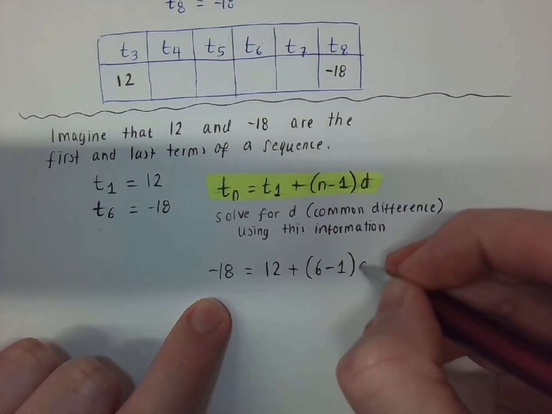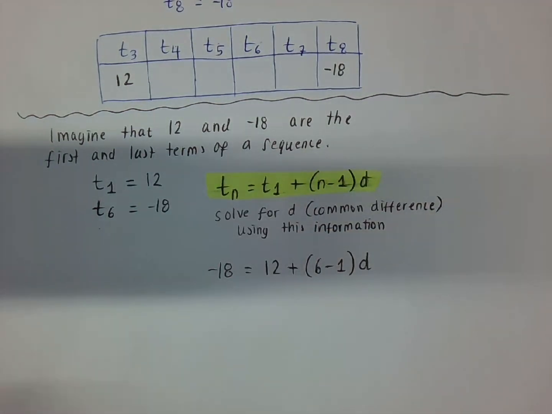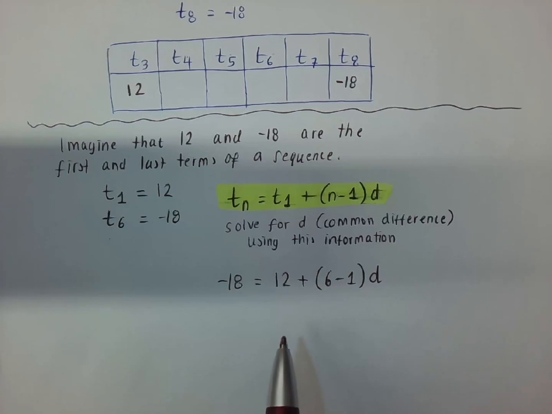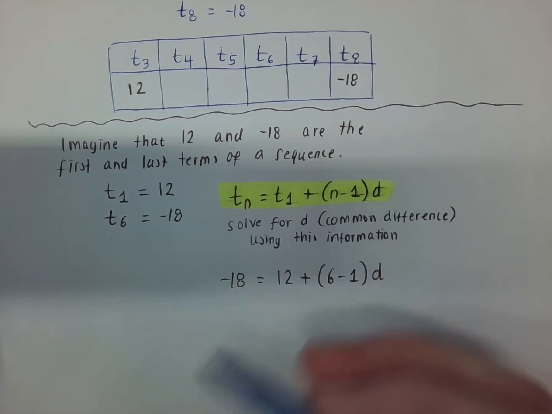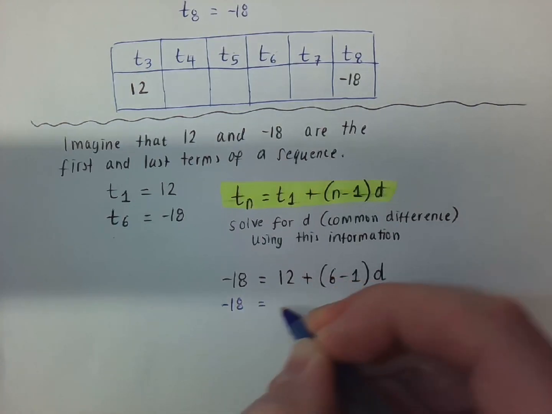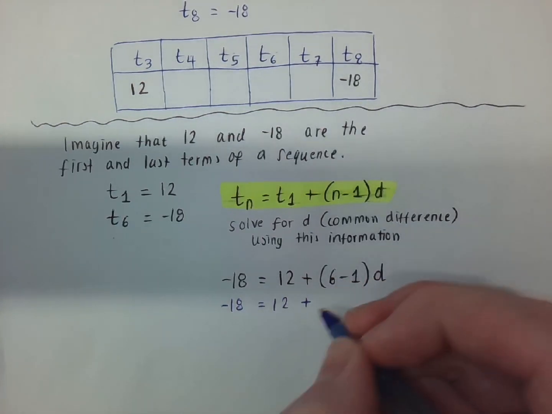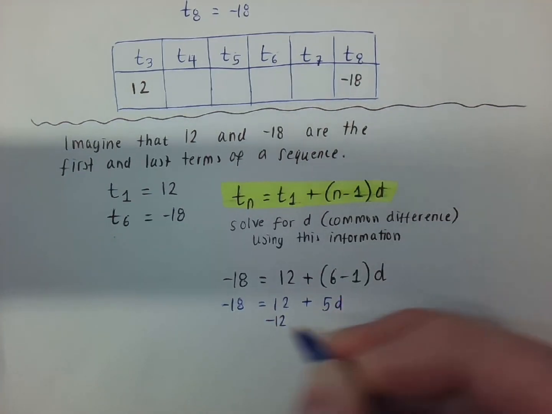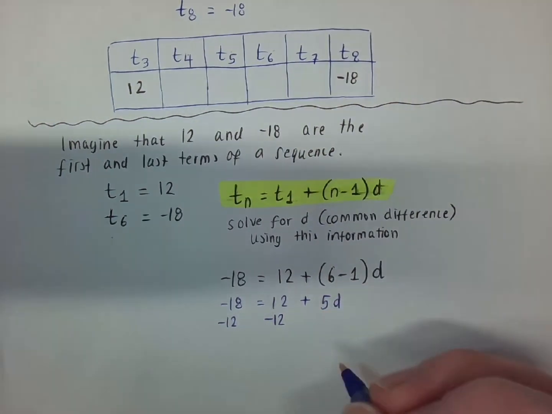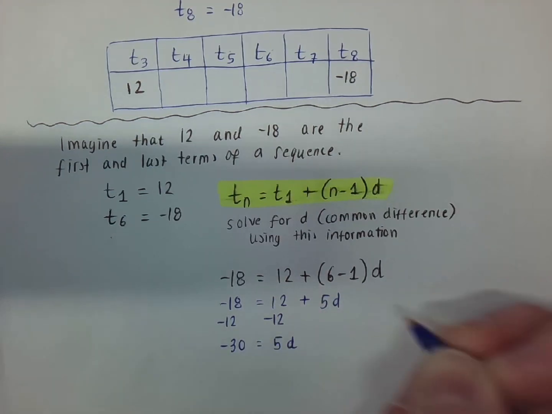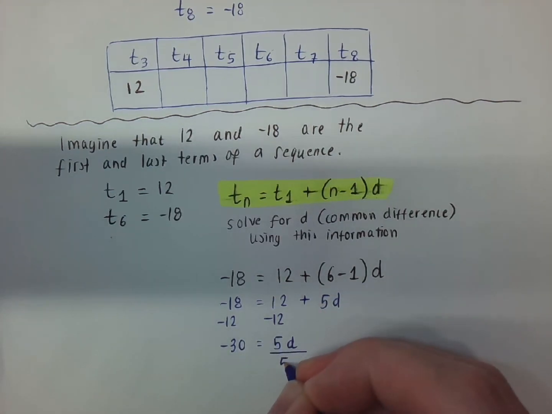My only unknown is D, so that's how we could set this up, and then we can solve for D. So negative 18 equals 12 plus 5D. Minus 12 from both sides, negative 30 equals 5D. Divide both sides by 5.